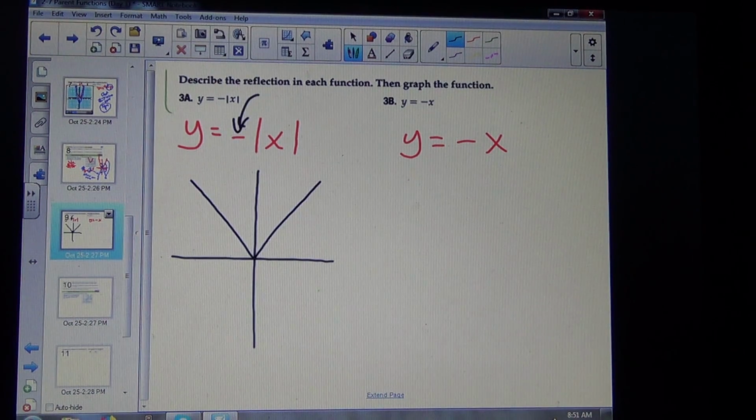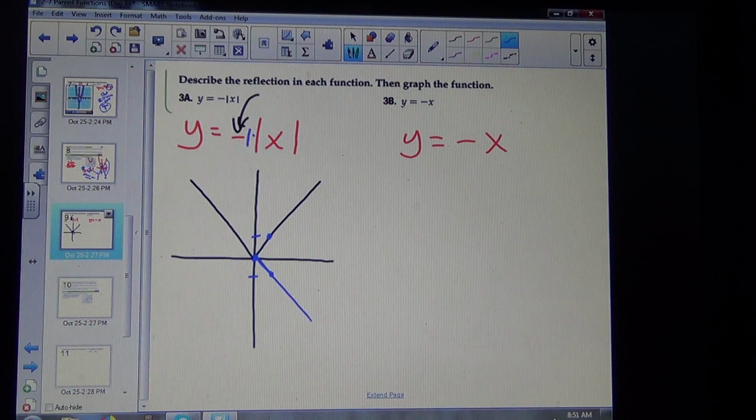And so the question is, where is this negative located? Well, it's very similar to the one I just did. It's on the outside, so the y values change. So every y value is multiplied by a negative 1 because it's the same operation. This y value is at 0. 0 times negative 1 is 0. This y value would be at 1. Well, now it turns to negative 1.